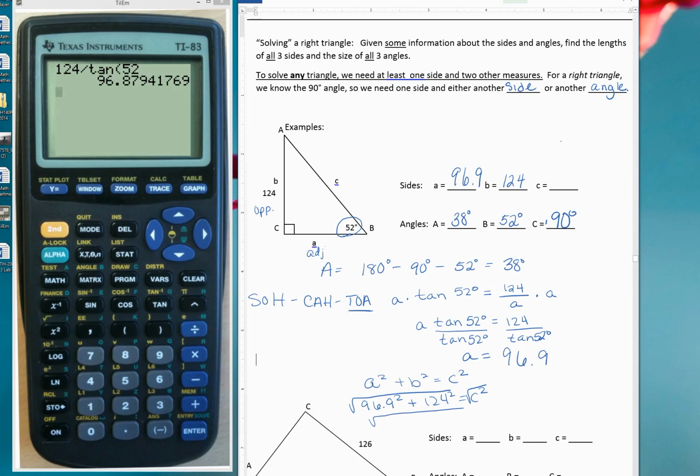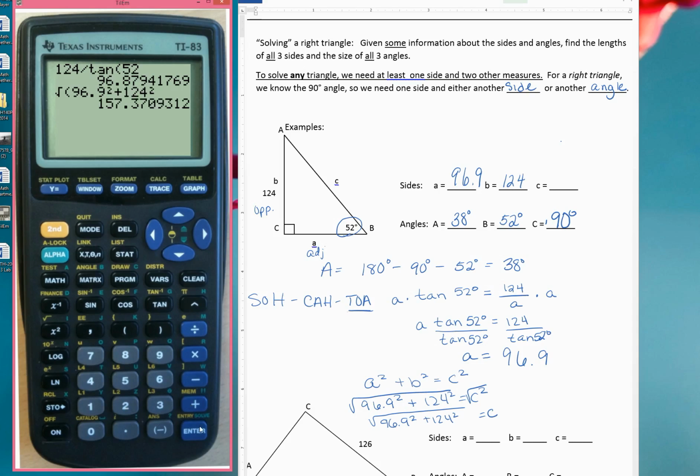So the square root of 96.9 squared plus 124 squared is equal to c. Now, you can't just cancel out the square root and the squares. You have to actually put in your calculator the square root of 96.9 squared plus 124 squared. Okay, so we see c is about 157.4.